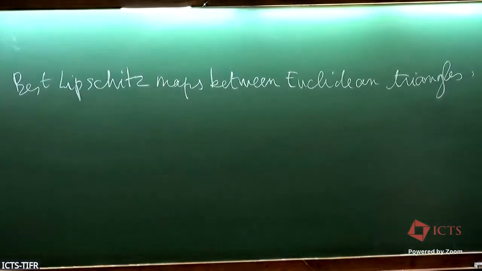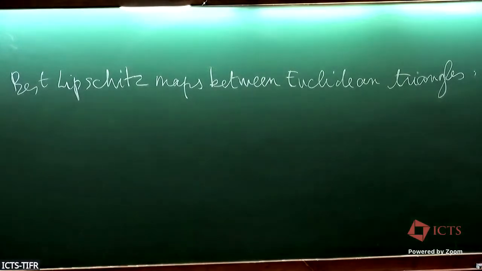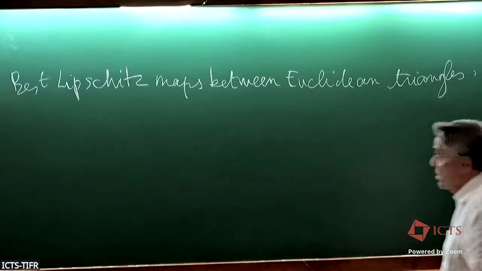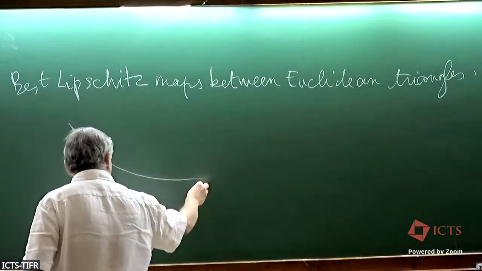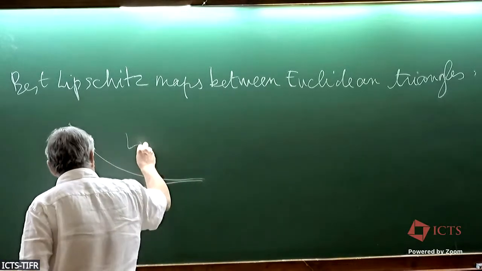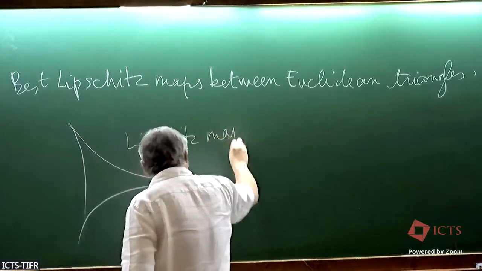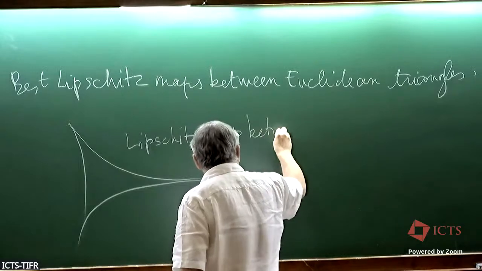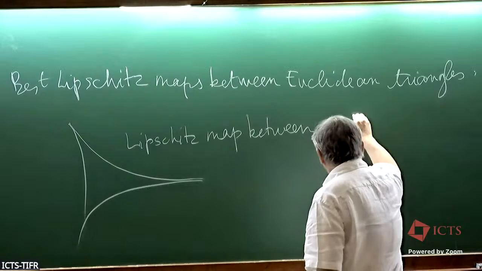As you know, Thurston's theory is a hyperbolic theory, best Lipschitz maps between hyperbolic surfaces. The building block is a Lipschitz map between ideal triangles.